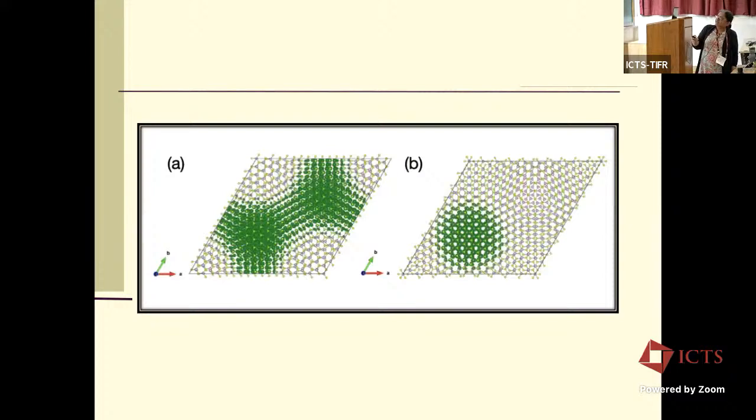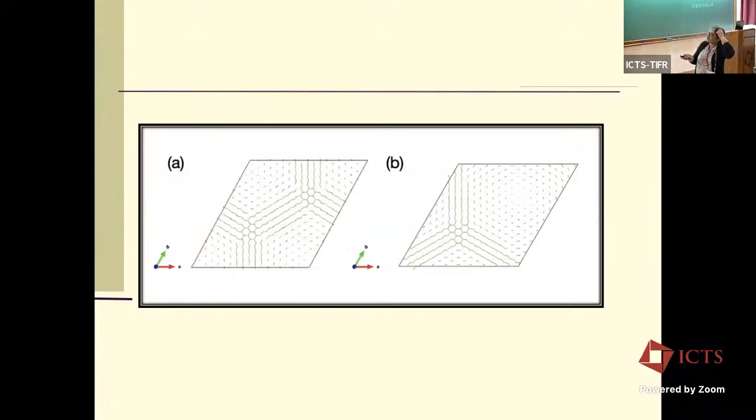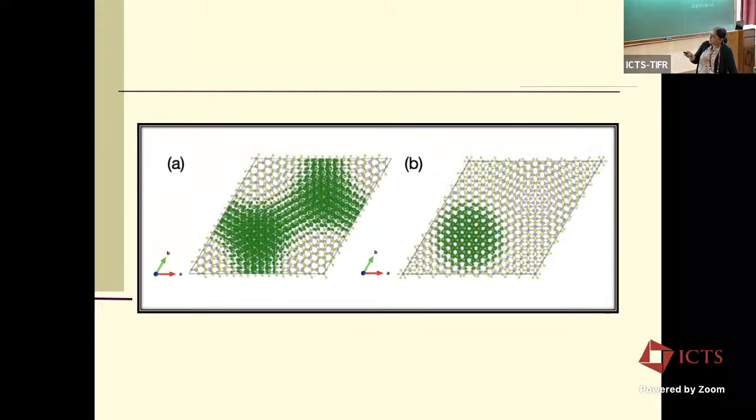So if we look at the profile of the short selenium-selenium distances, we find this to be the real space profile. Looking at the localization of the charge density, which seems to be a better picture, you see that the charge density is localized over a larger region for the 3.48, whereas at the 60 minus 3.48, it's localized over a smaller region.